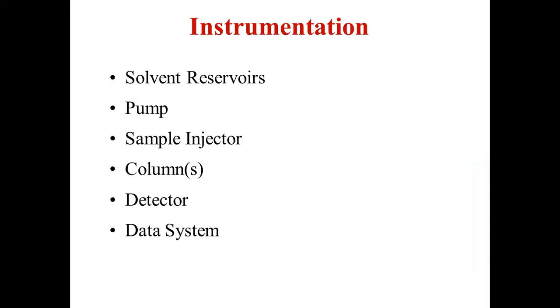We may use a single liquid as a mobile phase, or a mixture of two liquids, or even three different liquids in three different proportions. So if you consider solvent A, solvent B, and solvent C, these three different liquids will be present in the liquid reservoir, so that those liquids can be passed towards the chromatographic column by simple pumping.